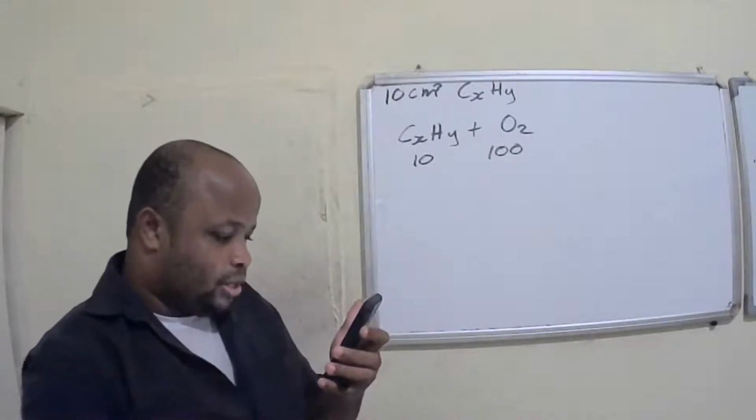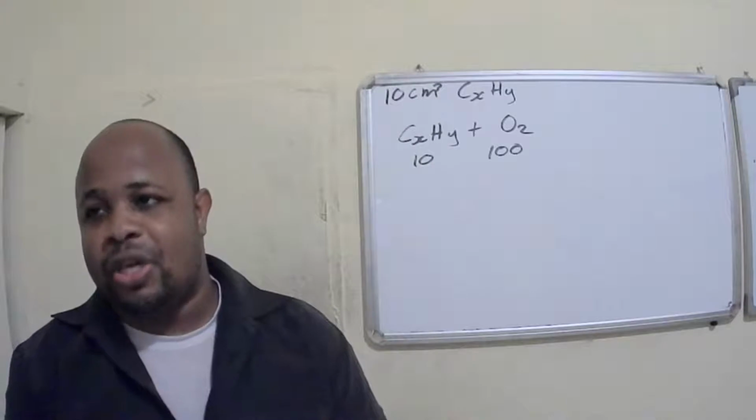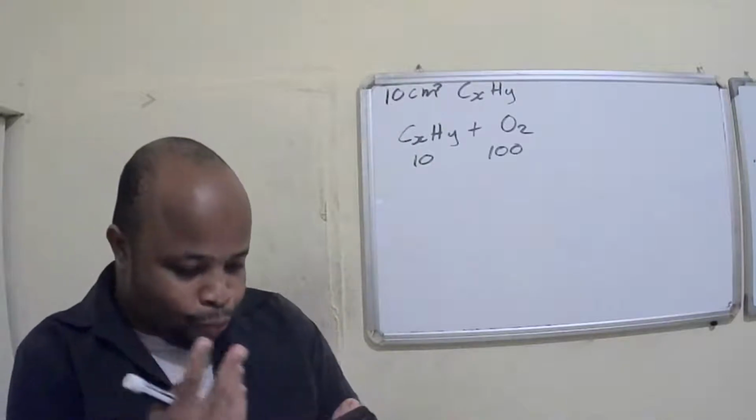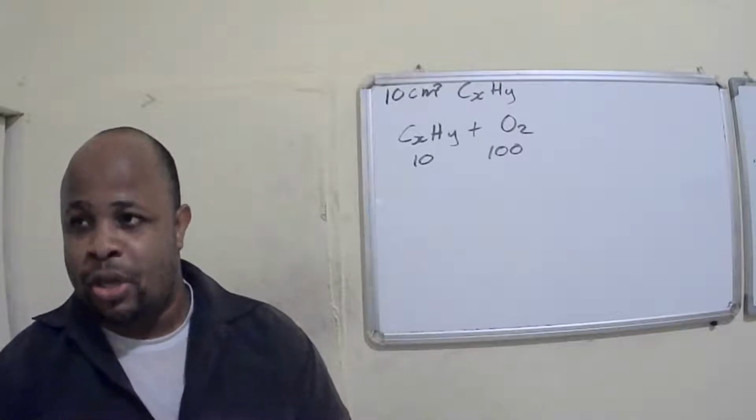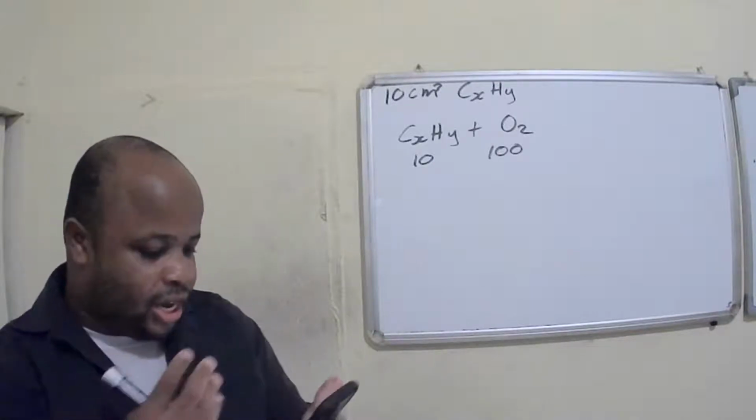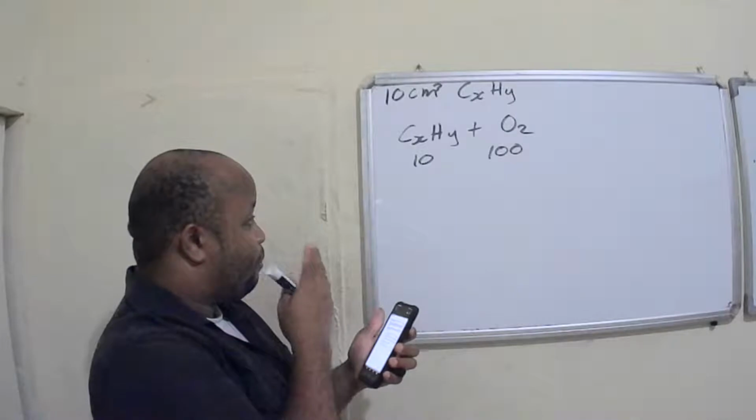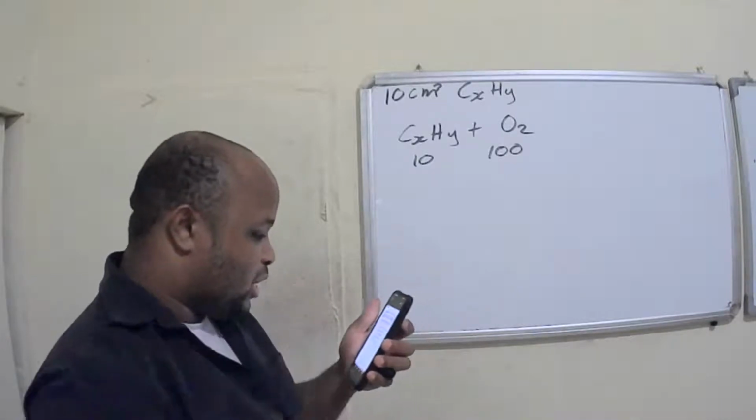It was exploded, so this means it's combustion analysis. Once you react your hydrocarbon with oxygen, that is a combustion reaction. They gave you the volume of the hydrocarbon and the volume of oxygen.